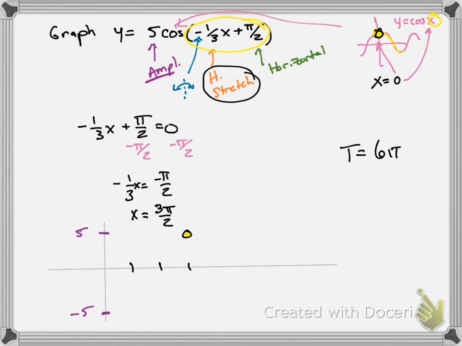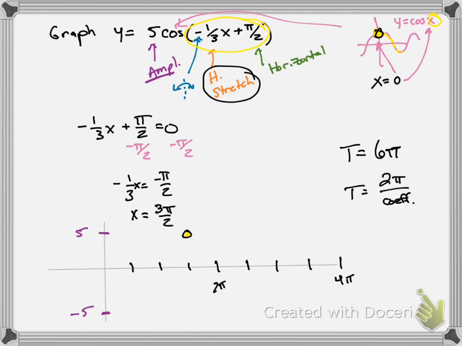Now, you could always make this procedural: our period is 2 pi divided by that coefficient, right? But ultimately, we're going to see it's 6 pi. Wow, it's going to take a long time, right?